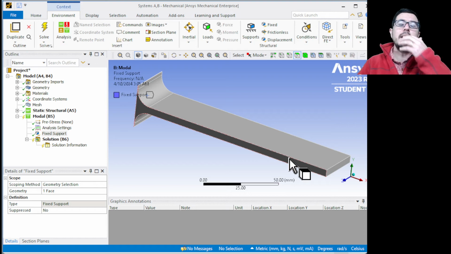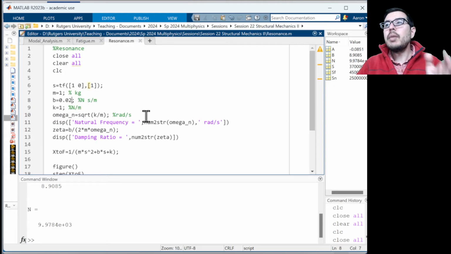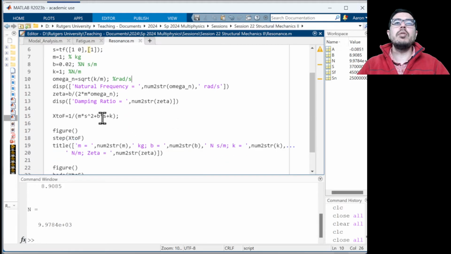And when you think about resonance, it's not bad to look back to your good old days with differential equations. Yes, we're doing PDEs and finite element, but if you think back to the old mass spring damper, mx double dot plus bx dot plus kx, and this is in transfer function form, but you see m, b, k, your second order system.